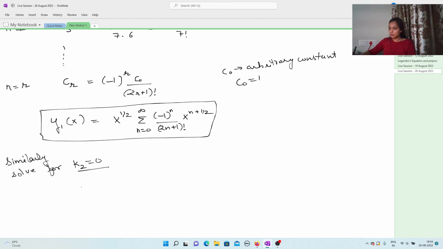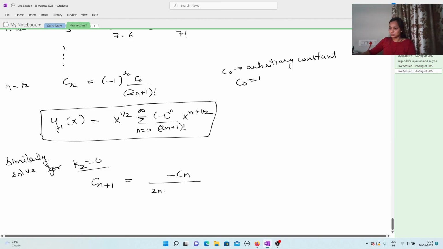Now if we just replace k as 0, the recurrence relation Cn plus 1 equals minus Cn over 2n plus 2k plus 2. 2k will be 0, so we just have 2n plus 2. Similarly, here we will have 2n plus 1.